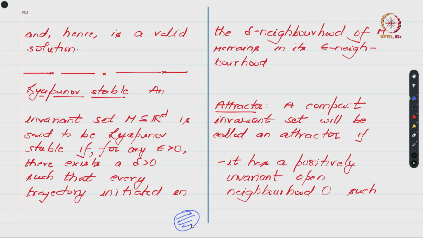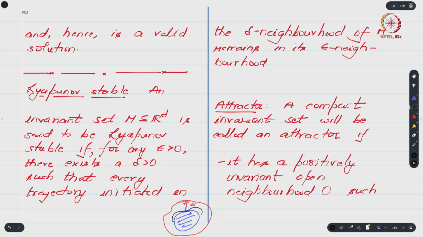Okay. This M would be said to be Lyapunov stable if for every epsilon neighborhood of this set M, there exists a delta neighborhood such that if you start the solution trajectory here, the solution trajectory remains within this epsilon neighborhood for all t bigger than or equal to 0.